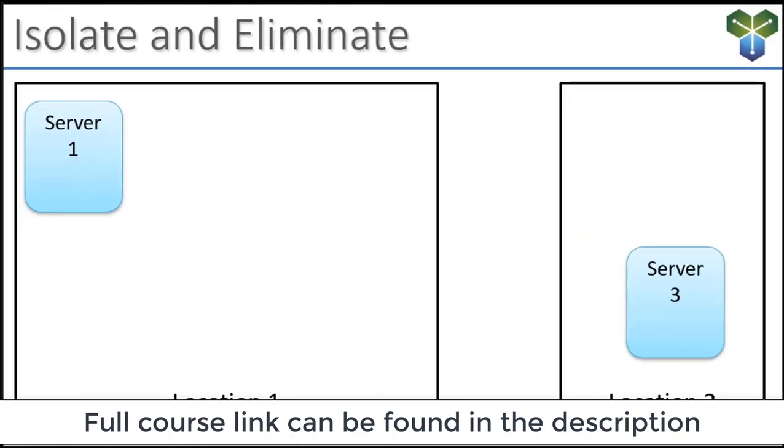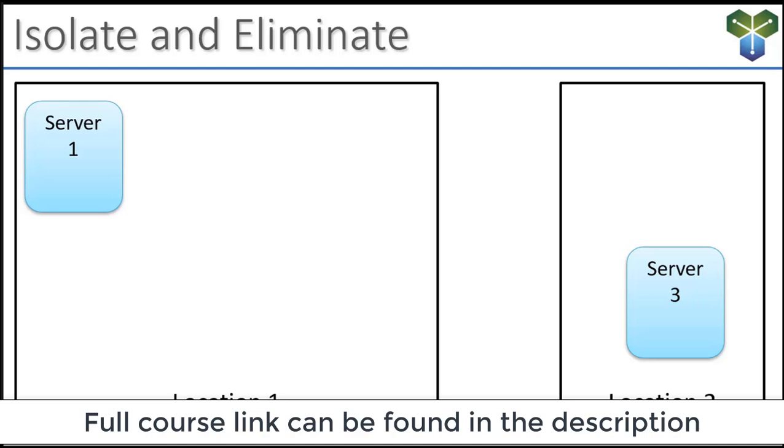I'm going to remove server 2 from the diagram completely, and let's just focus strictly on server 1 and server 3. So I now know server 1 cannot communicate with server 3. I need to find the potential cause. What I'm going to do is move one piece of the network at a time.